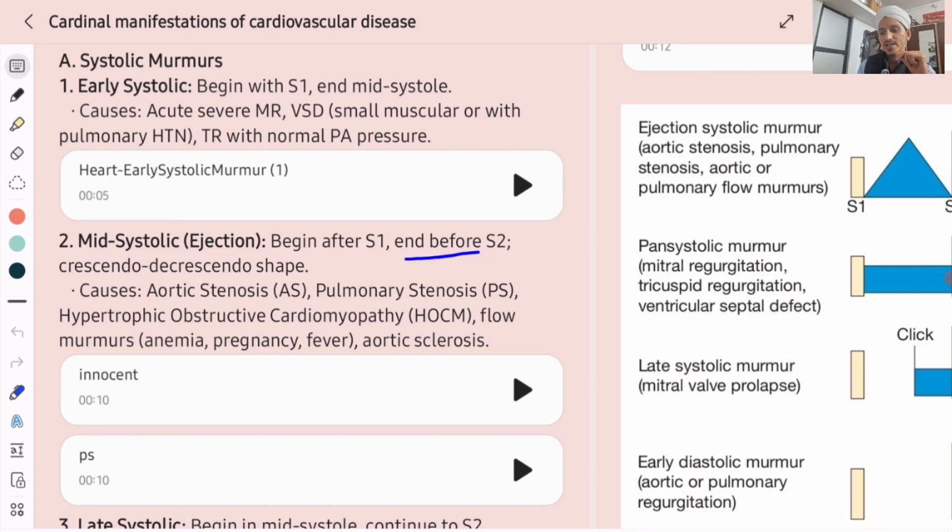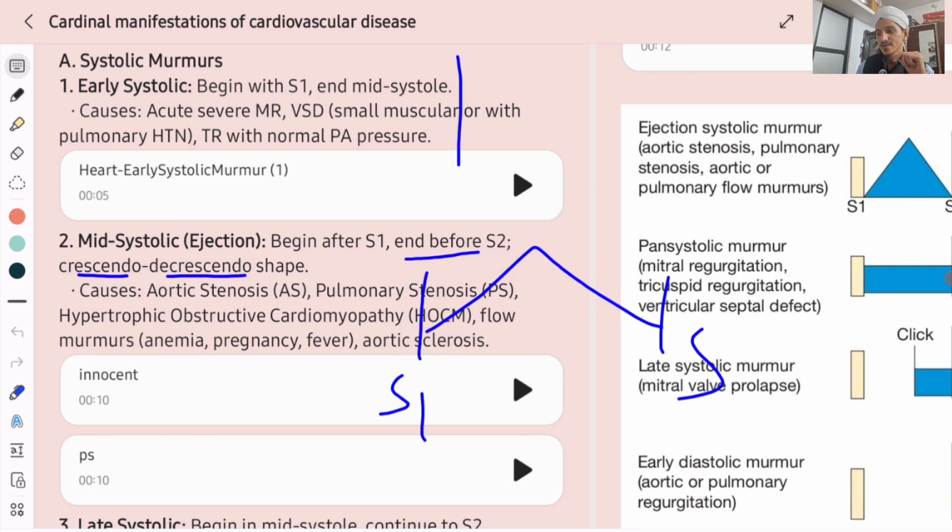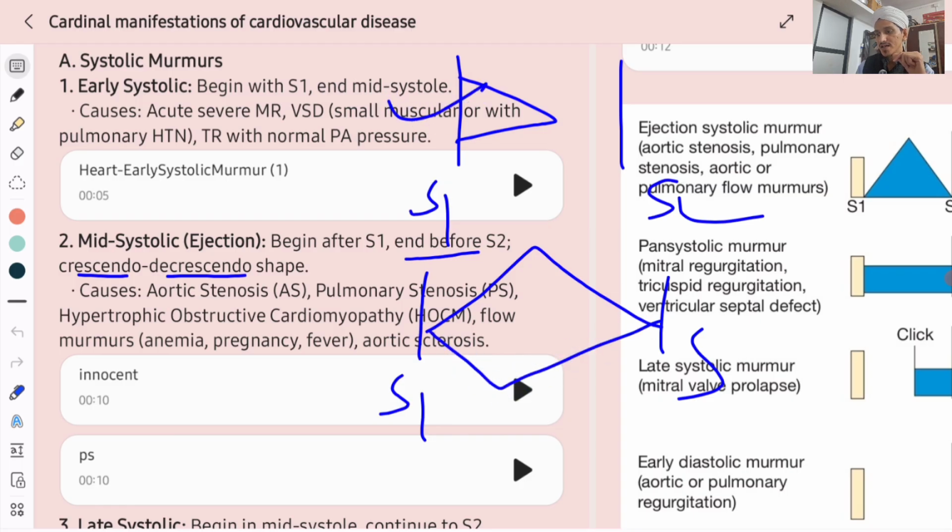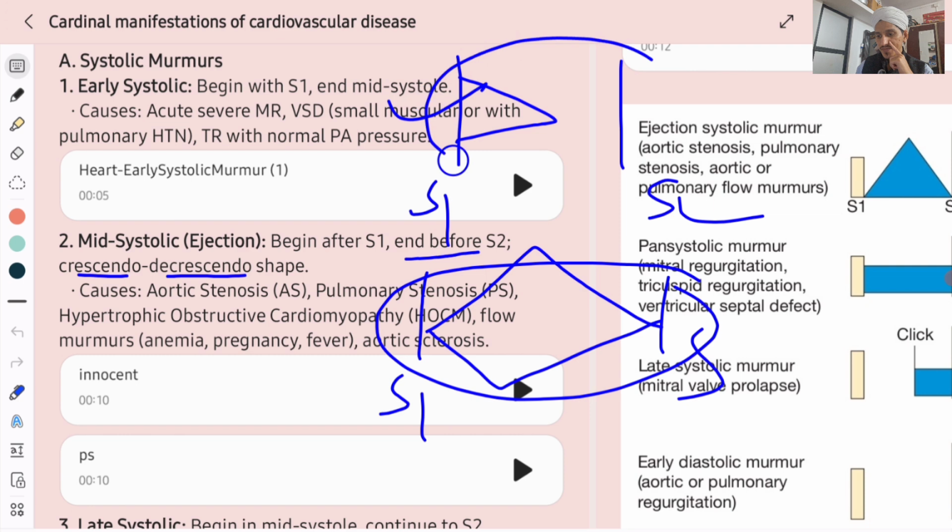It is crescendo-decrescendo in shape, meaning it will increase like this and decrease like this. This is S1, this is S2. So this is early systolic murmur and this is ejection systolic murmur.